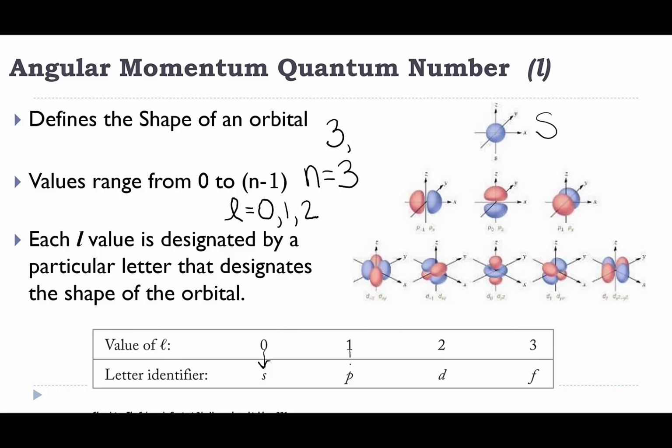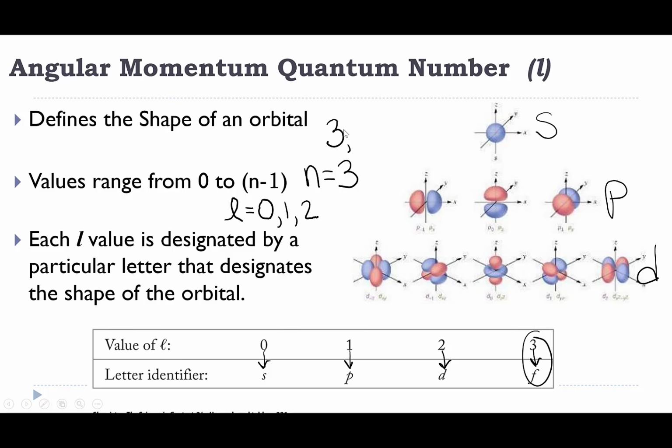When the value is 1, that's a p orbital, that double lobe one. And when the value is 2, that's a d orbital. And when the value is 3, that's an f orbital. The f was the one that had 7 different ways, right?